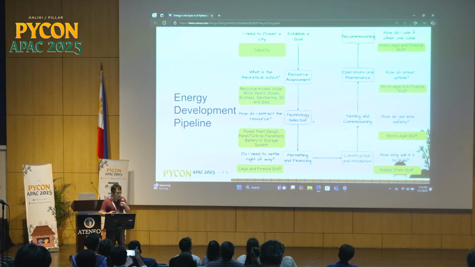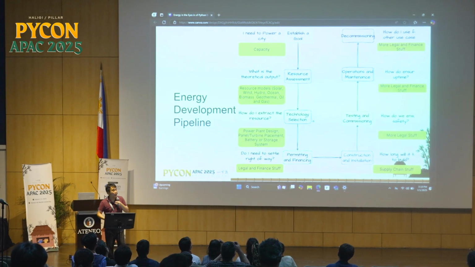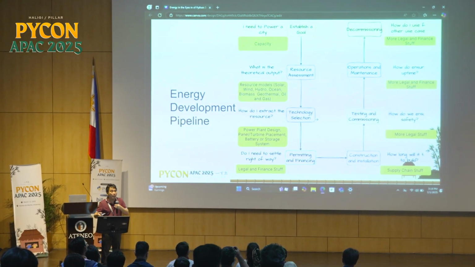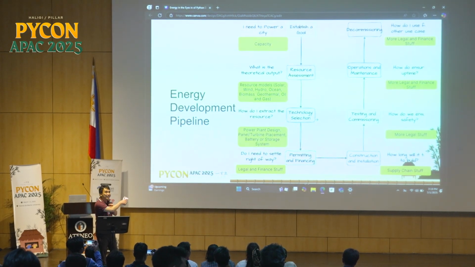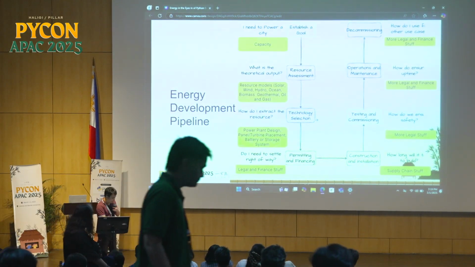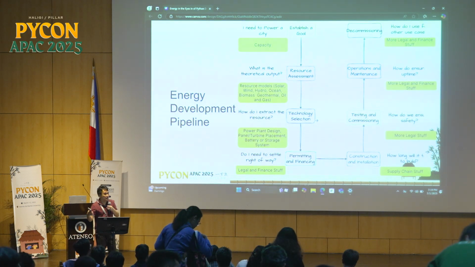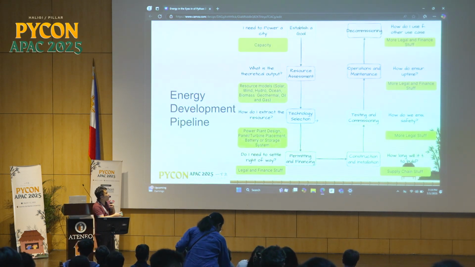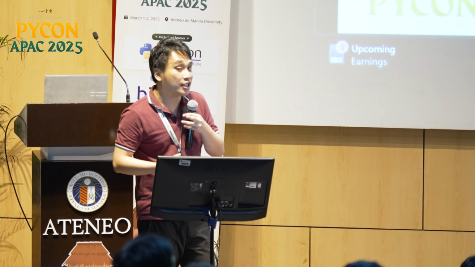If we decompose it, these are the various steps in developing an energy power plant and putting it into operations. This is, again, a very simplified diagram, but it will tell you the high-level steps. I've been in some companies who did the end-to-end of this, and it's very hard and very expensive.